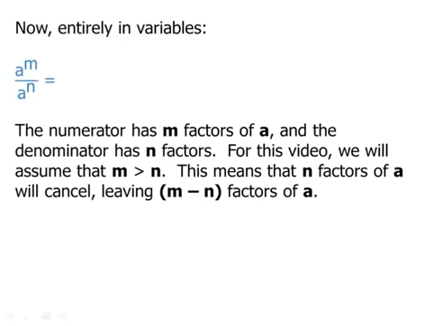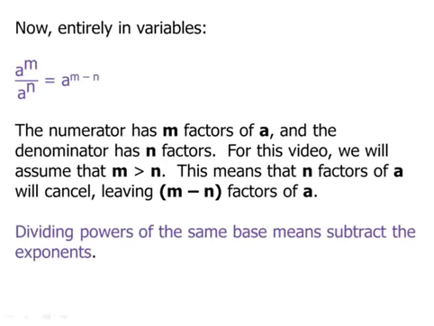We're going to be left with m minus n, and that's going to be the exponent of a. And right there is our second law of exponents. When we divide powers of the same base, this means that what we have to do is subtract the exponents.